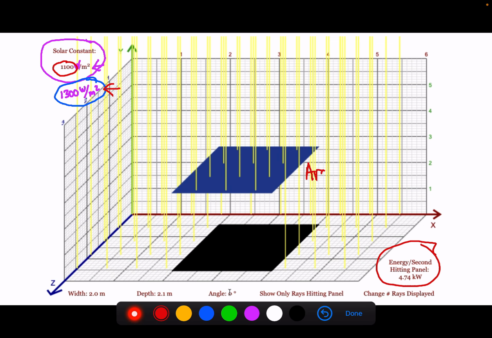The area, which has to be measured in meters squared, obviously, and the solar constant, which is measured in watts per meter squared. When we multiply those two together, I hope you see the meter squared cancels out and it tells us how many watts we are collecting at the solar panel. All right, so they are the two factors so far affecting flux.